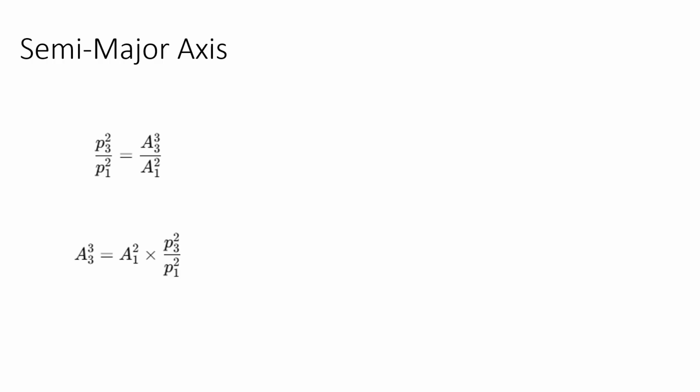So for example, if you had 2 days for the orbital period, and then 1.5 AU for the semi-major, and 4 days for the orbital period for planet 3, I would plug in 1.5 squared times 4 squared divided by 2 squared, and I would just cube root that, or raise it to the power of 1/3, and that would give me the semi-major for planet 3.